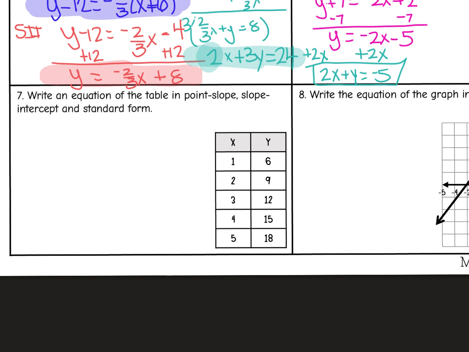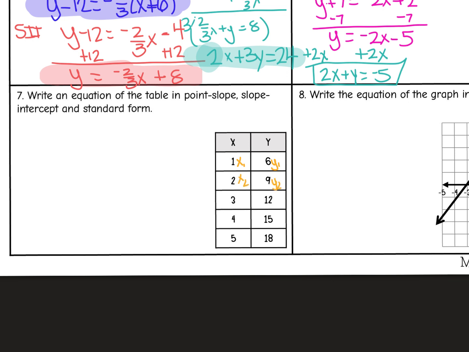Now I'm being asked to write an equation of this table in point slope, slope intercept, and standard form. So looking at my table, the first thing I need to do is I need to find my slope. Okay, and I can do that. I'm going to choose 2 points. I'm just going to start with these first 2 up here so that I'm not traveling down this table. I'm going to label them as x1, y1, x2, y2.